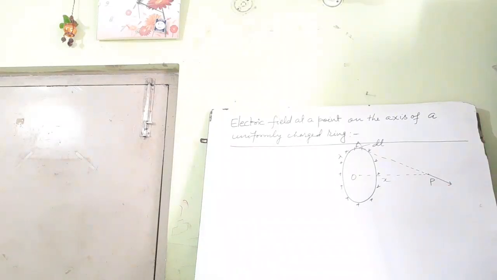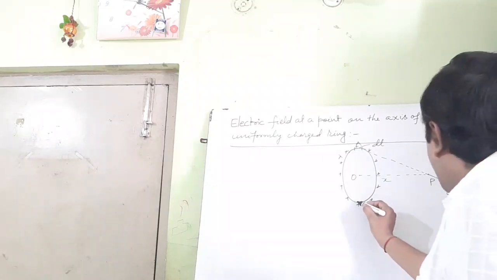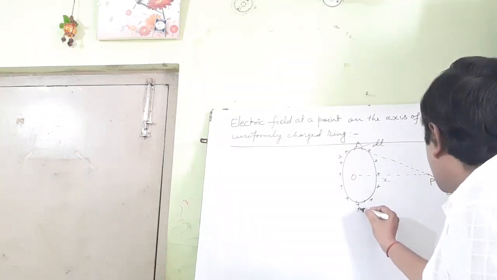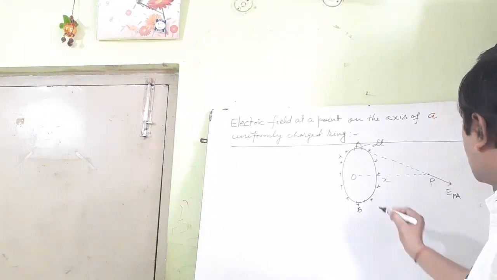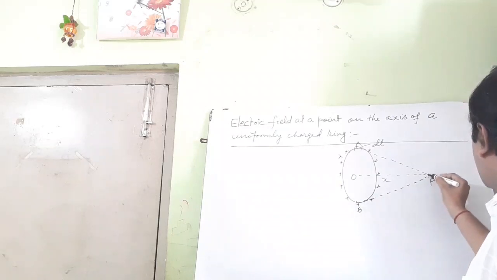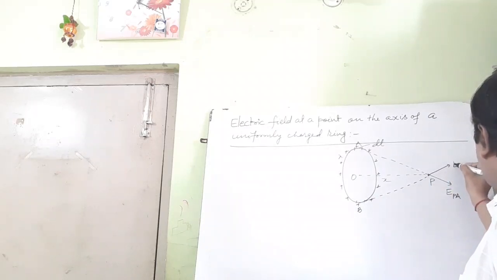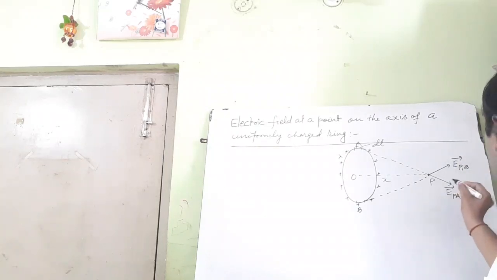This will be the electric field at P due to the element at A, which we can write as EPA. And this is the electric field at P due to the diametrically opposite element at B, which will be EPB. You can write EPA, EPB as EP1, EP2 also.